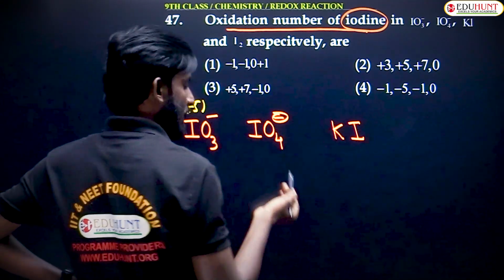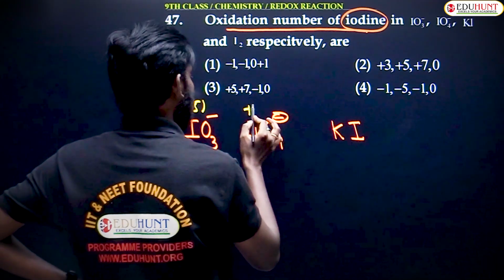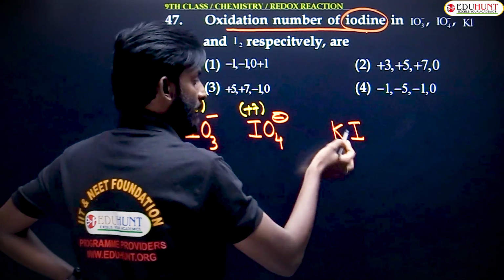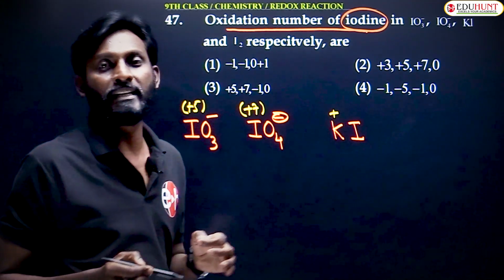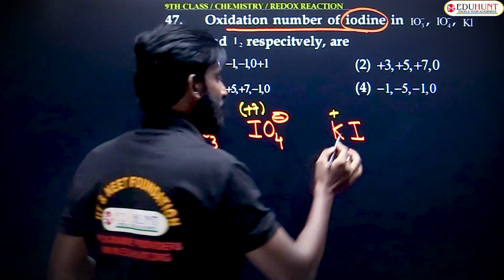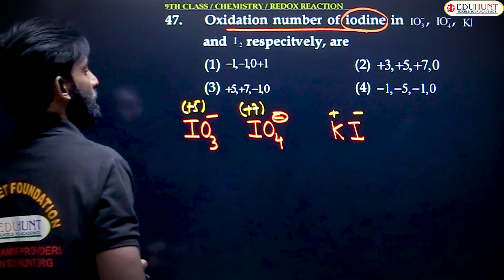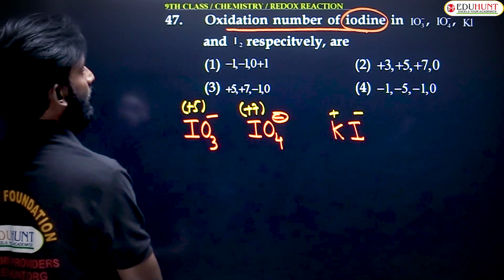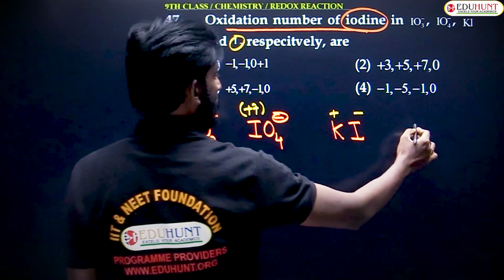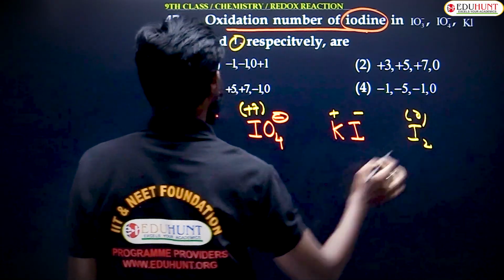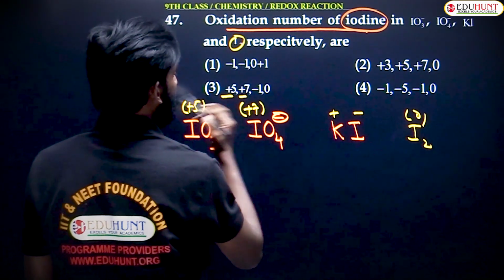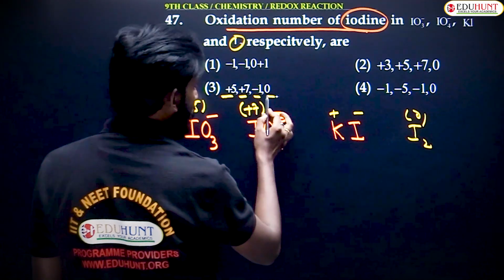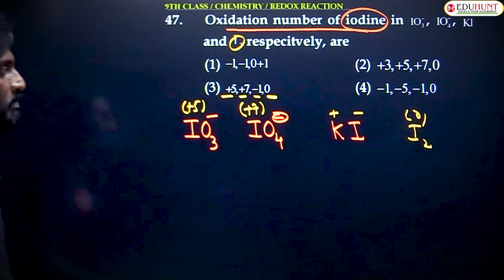In IO4 minus, just now we did, it is plus 7. And K plus, alkali metal, is always plus 1, so iodine is minus 1. So plus 5, plus 7, minus 1, and of course I2 also we need here, I2 is 0. So plus 5, plus 7, minus 1, 0, if you look carefully, the third option is the best option.